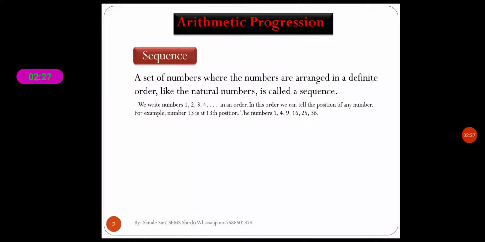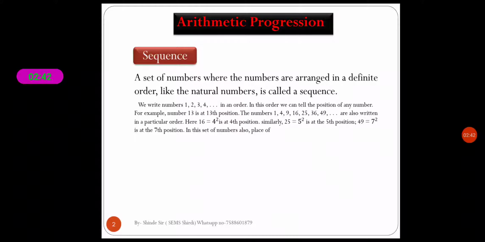The numbers 1, 4, 9, 16, 25, 36, 49 are the perfect squares of 1, 2, 3 respectively. Here at the fifth position, which number? 25, and 25 is the square of 5. On the 7th place, which number? 49, the perfect square of 7.